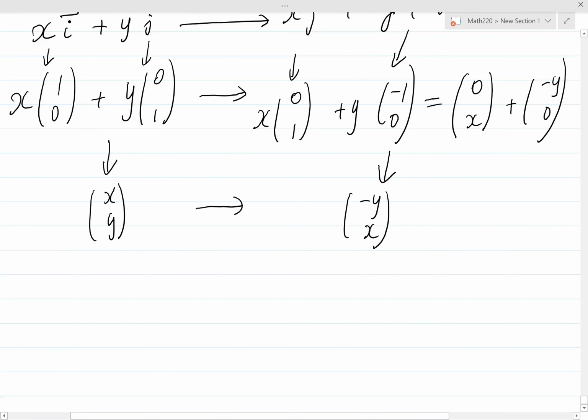If we rotate by power 2, the vector x, y will correspond to the vector negative y, x.